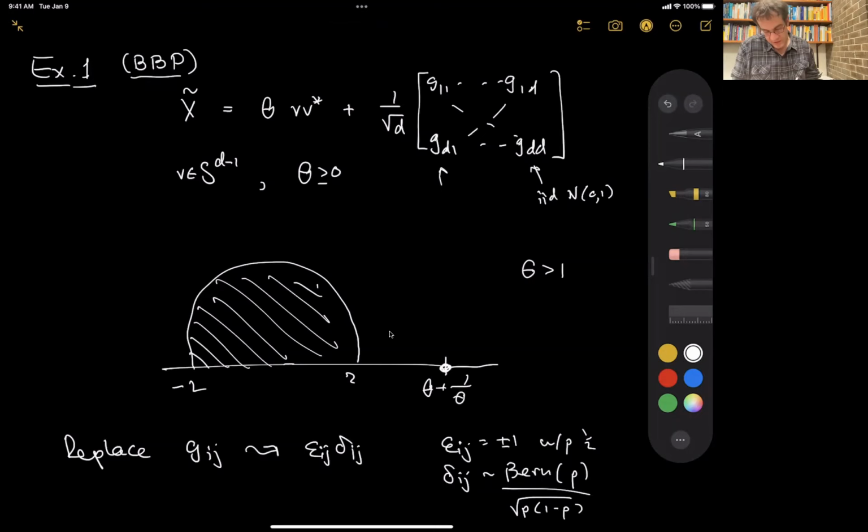But if I take p to be very small, then most of the entries of this matrix will be 0, so it will be extremely sparse. And now the question is, how sparse can you make this matrix and still see the same behavior? Well, it seems like something that should be within the reach of classical methods. In fact, if you're really studying the asymptotics of these models, you could probably use some kind of classical universality principles to study the same question.